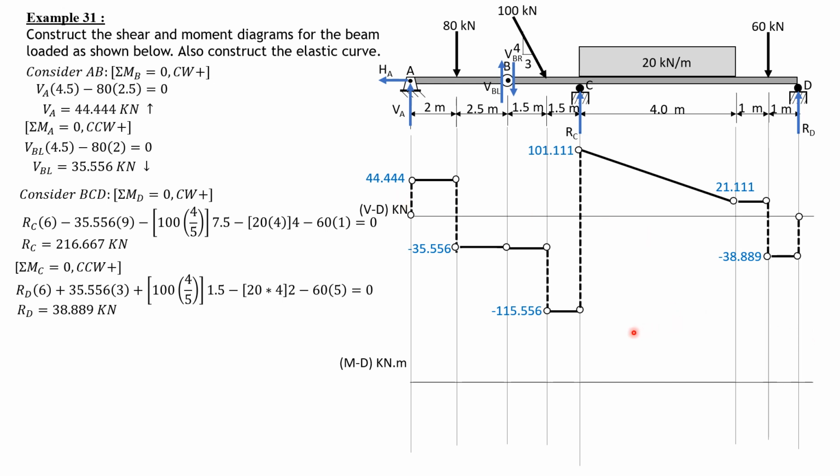For the moment diagram, moment at A is 0 because that's a pin and that's the end. So area is 44.444 times 2, so 88.888, then minus 35.556 times 2.5. It is expected that the moment at the hinge is 0, so this should be 0.